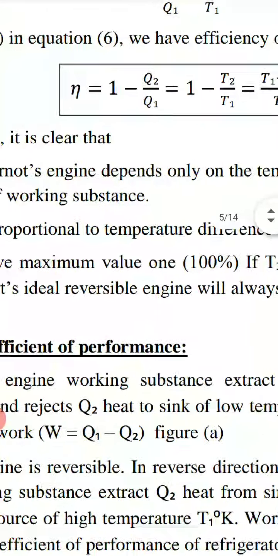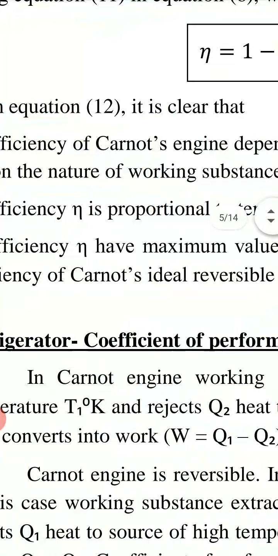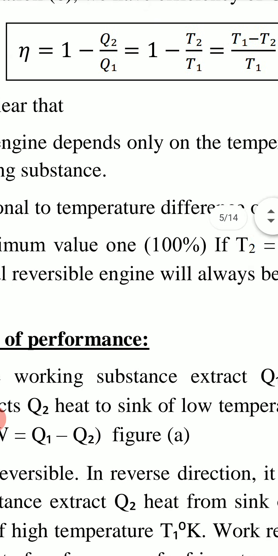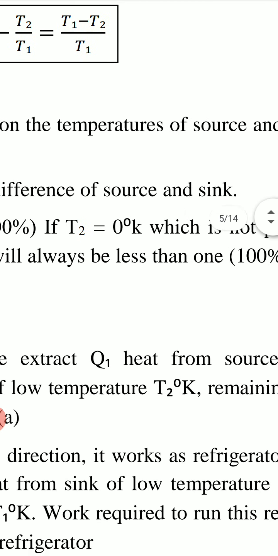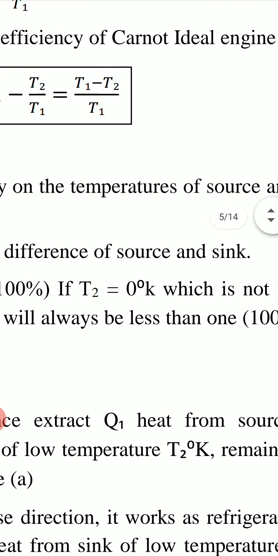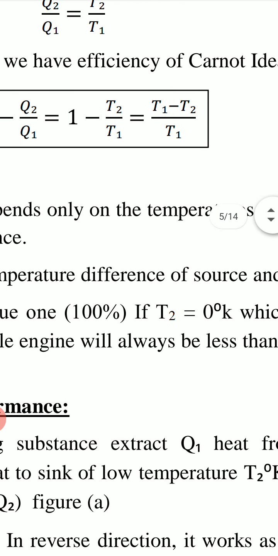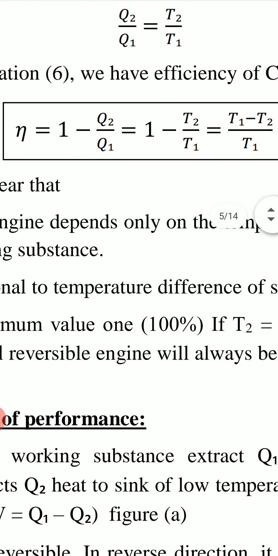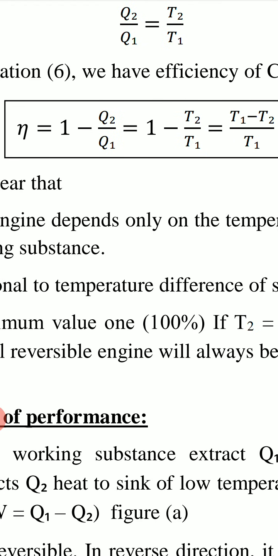Efficiency eta has maximum value 1, that is 100%, if T2 is equal to 0 degree Kelvin. The maximum value of efficiency eta will be when T2 is 0, that is, the temperature of the sink T2 is 0, but it is not possible. 0 degree Kelvin temperature is not possible.